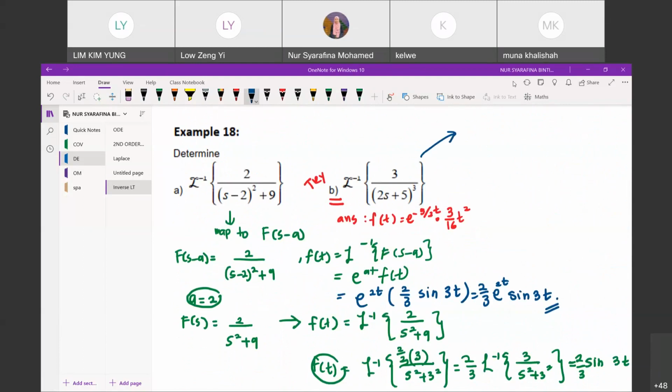Okay, so now this F(s) can be factorized or simplified to 2s plus 5 over 2 cube, right?